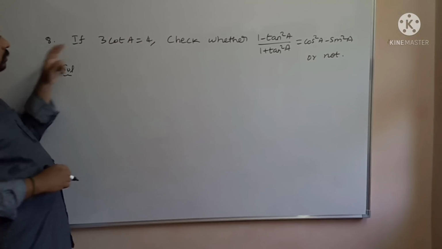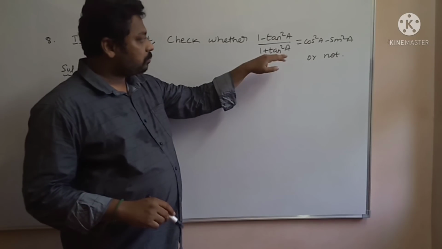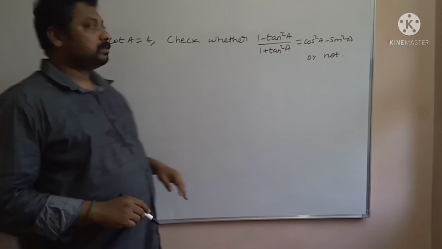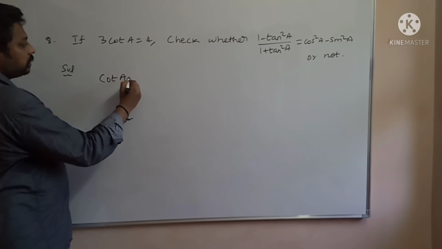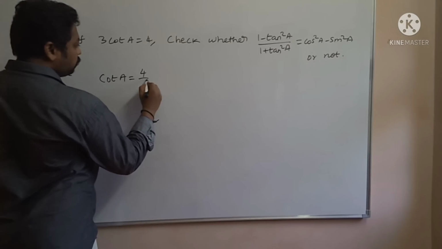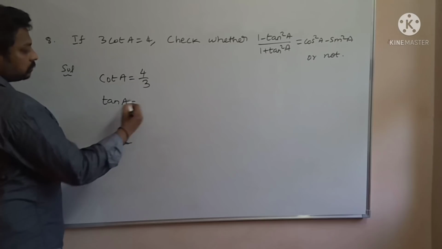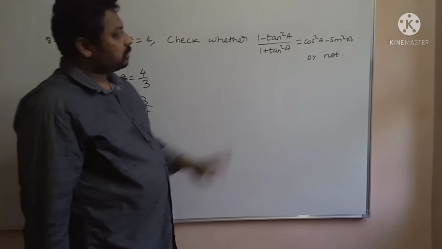Coming to the eighth question, 3 cot A is given as 4. Check whether 1 minus tan square A by 1 plus tan square A is equal to cos square A minus sin square A or not. Fine. So from the given equation, I am writing cot A is 4 by 3. Okay. So we know tan A is the inverse of cot A. So tan A is 3 by 4. So substitute in the LHS of the given equation.